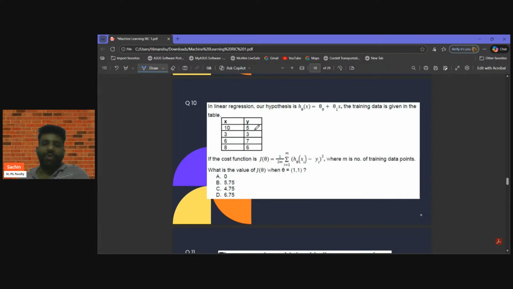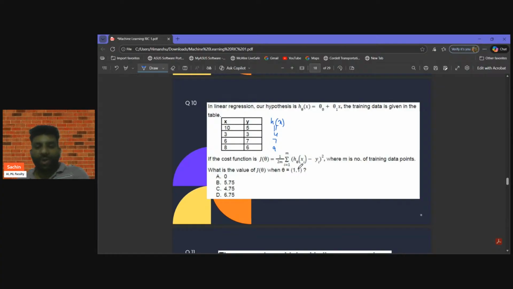So what you need to do is, in case you understand that this is what I'm having, you can just add on h(x) over here. What you'll have is 1, 10 plus 1, 11, 3 plus 1, 4, 6 plus 1, 7, 8 plus 1, 9. So you can see what the h(x) values are.